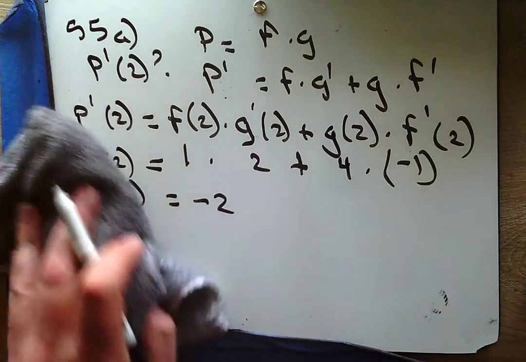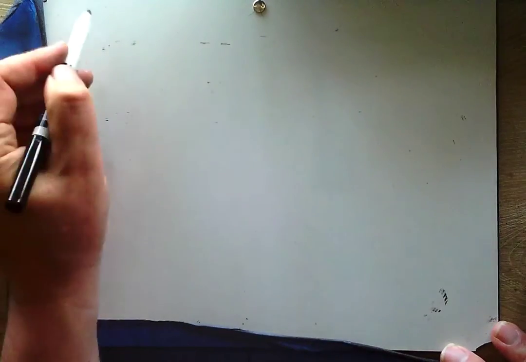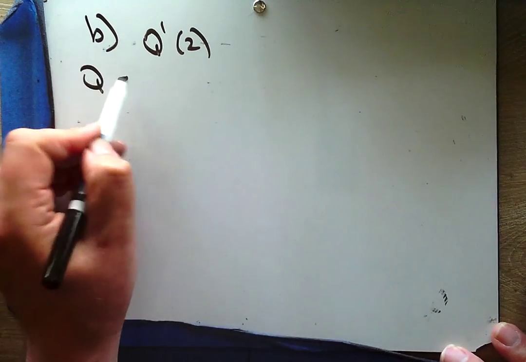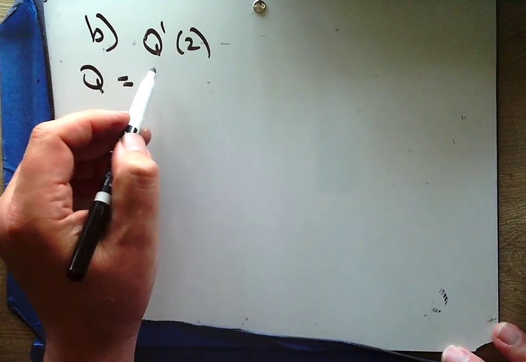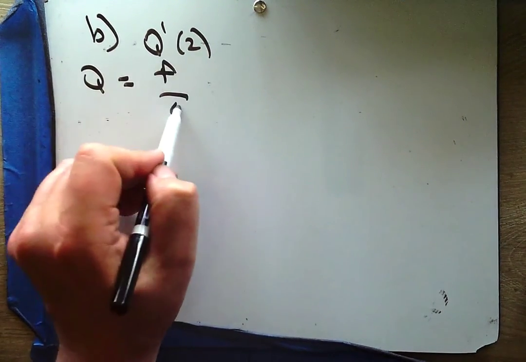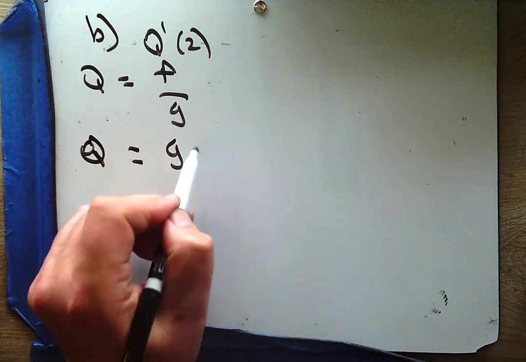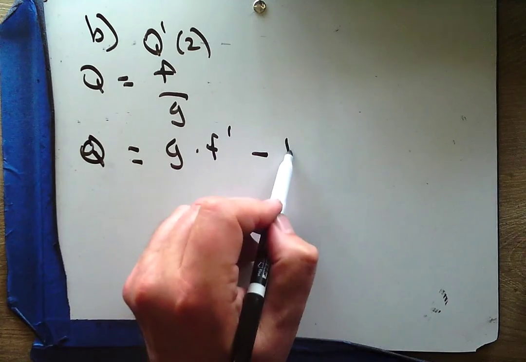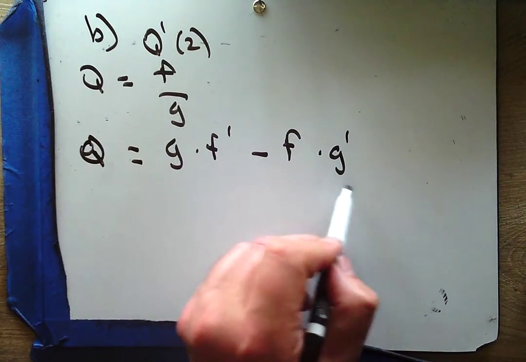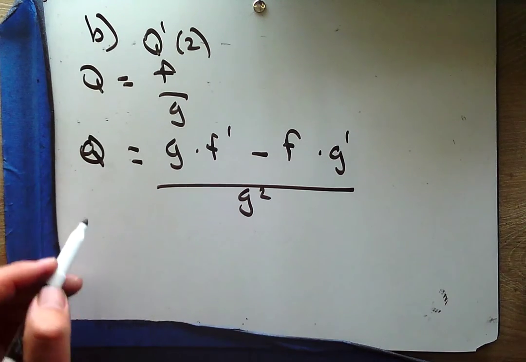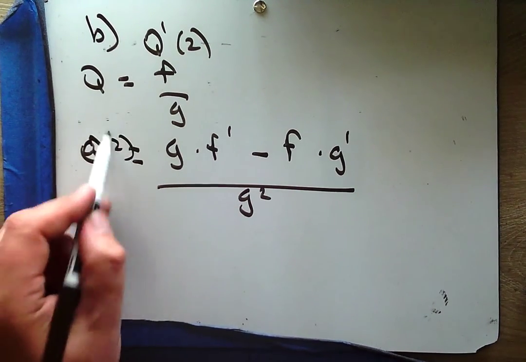Part B, Q prime of 2. We know that Q is equal to F over G. So Q prime is low d high minus high d low, over low squared. And I want Q prime of 2.